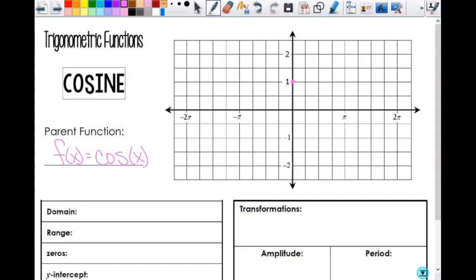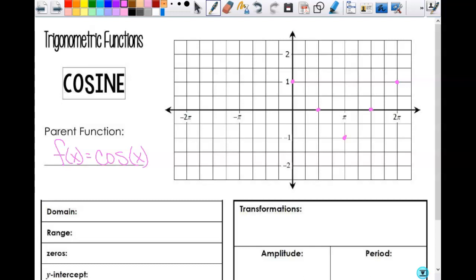The period for cosine is 2 pi. So I'm here at 0, I'm going to come down like this, and then it's going to end right here at 2 pi. The period ends, the graph. Because, again, I know what the shape looks like, halfway in between at pi, I'm not at 0, I'm at -1. And then halfway in between at pi halves, I'm at 0, and at 3 pi halves, I'm at 0.